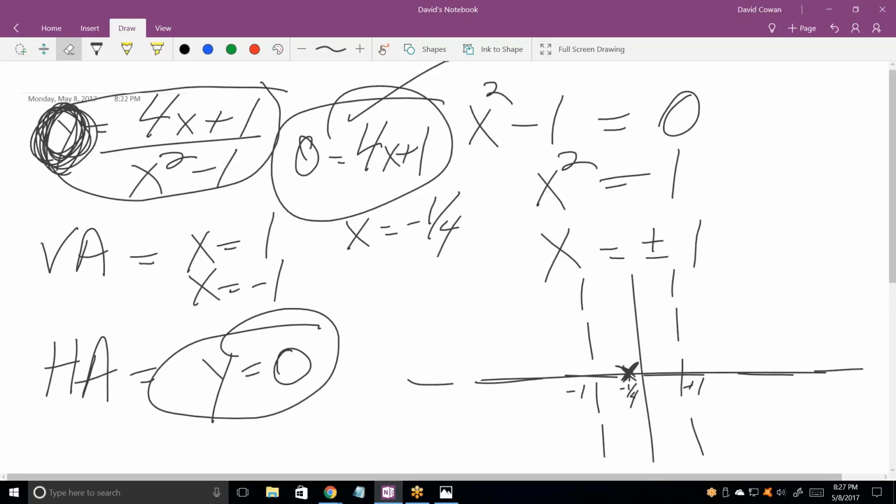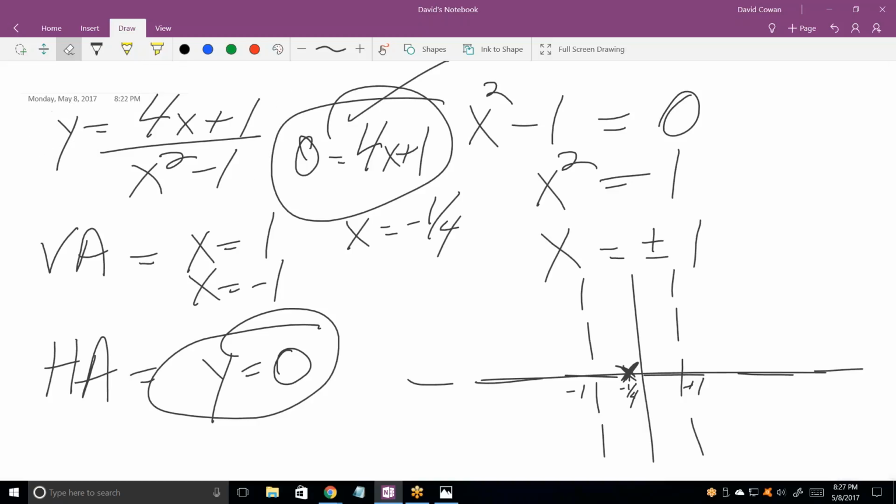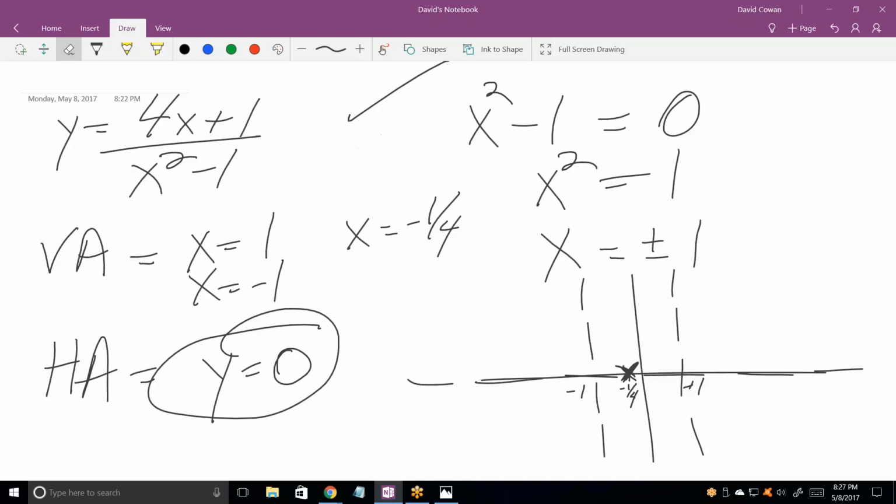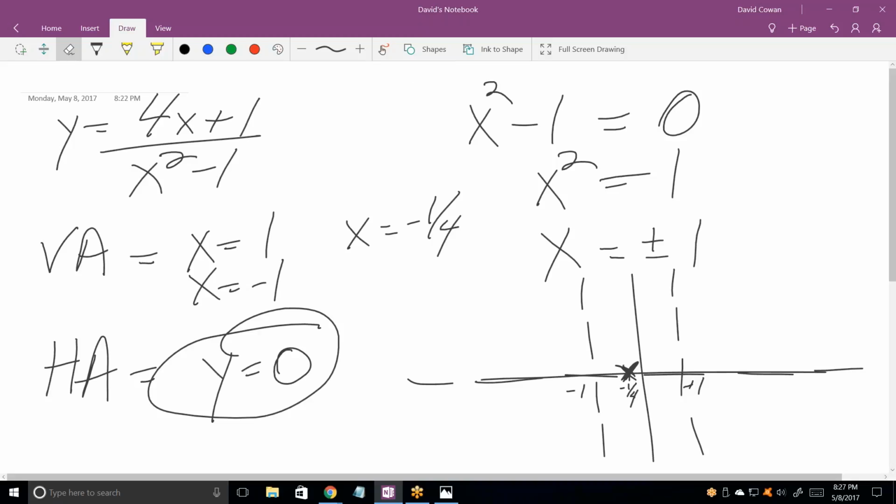Now, they have not been asking for it, but what's the y-intercept? Because the y-intercept's pretty easy to solve for. What's the x value if we're talking about the y-intercept? Dylan, there's two facts you have to remember.